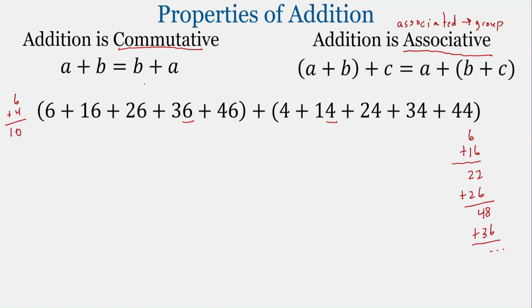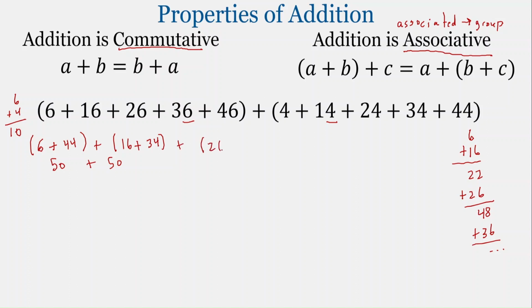But how about if we take the first number 6 and add it to the last number, 44. And we add those up. And then we take the second number, 16, and we add it to the second to the last number, 34. Well, now we have 50 plus 50. Does this pattern continue?